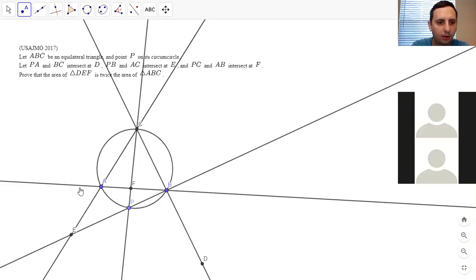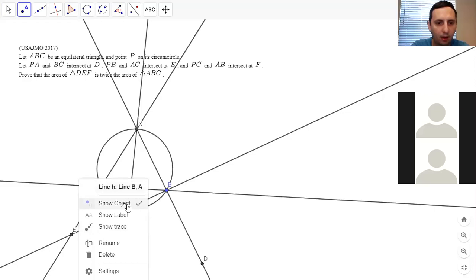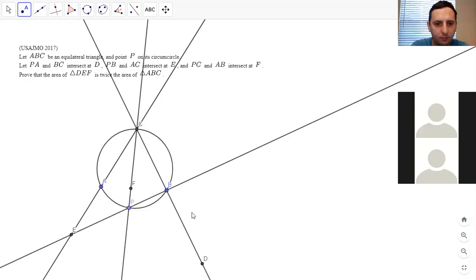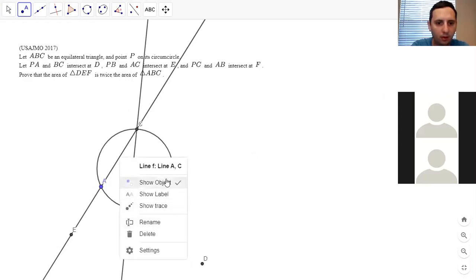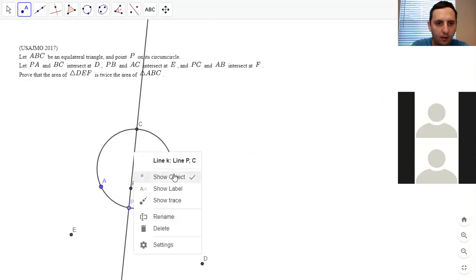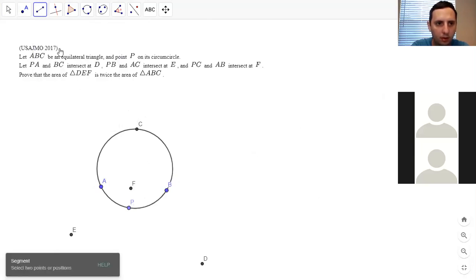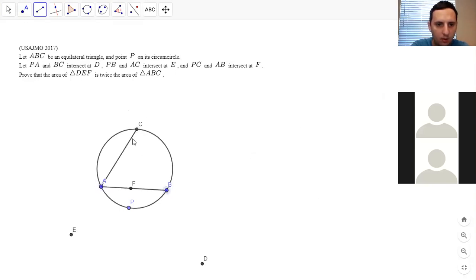So I'm going to hide a bunch of unnecessary lines and turn them into segments just to make things look nicer. EAC, CBD, this.